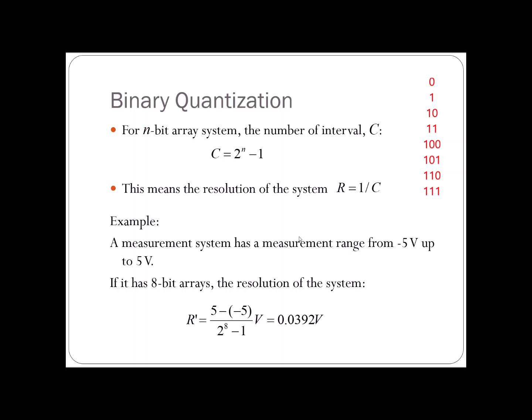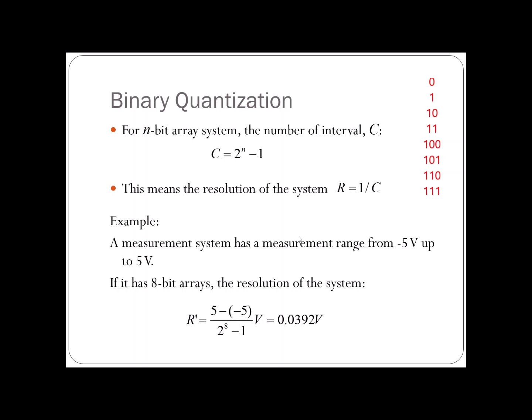Okay, and 1 1 1 in binary corresponds to 7 in decimal. So you have from 0 to 7. If you have 3-bit array binary, then in decimal you can store from 0 to 7. You can store 8 numbers.